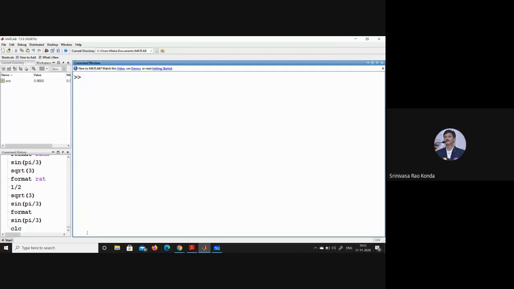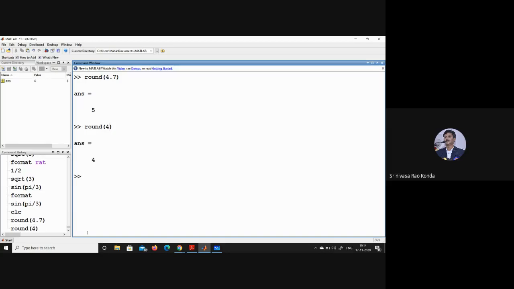Now I'm going to explain another important thing, that is rounding techniques. Suppose you give the command round of 4.7. What will happen? The answer will be displayed as 5.